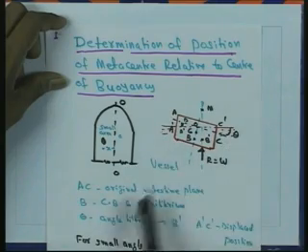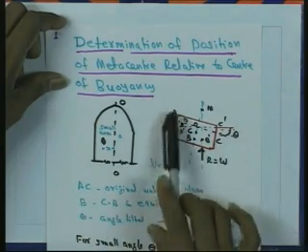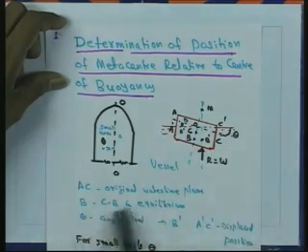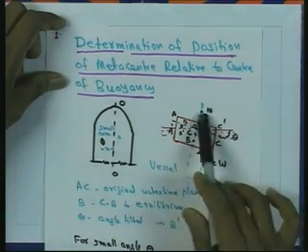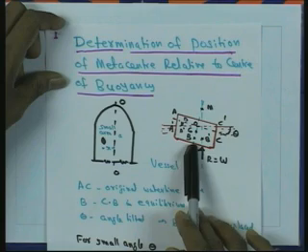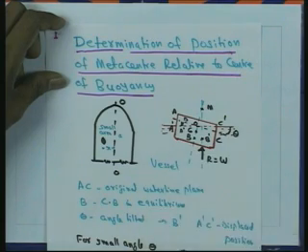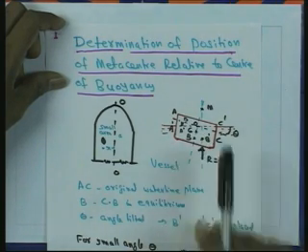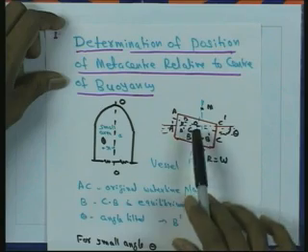AC is the original water line, and A dash C dash is the new water line. B is the center of buoyancy in the equilibrium condition, and G is the center of gravity.